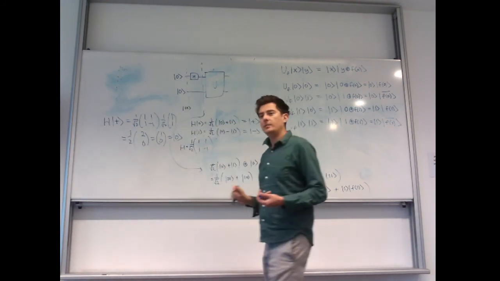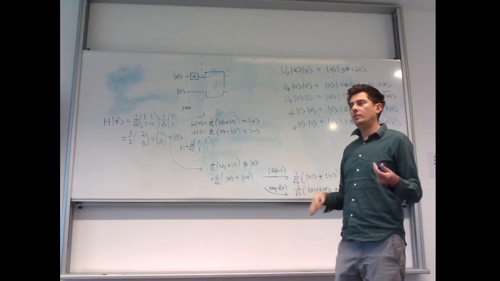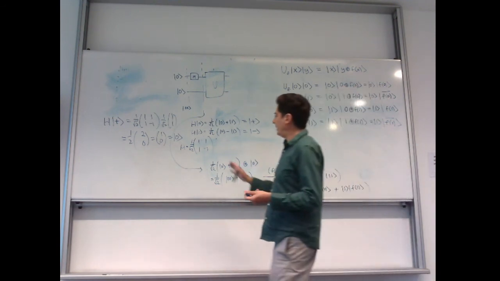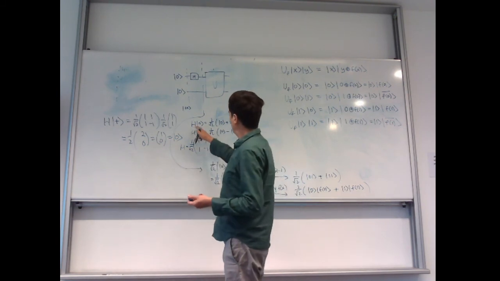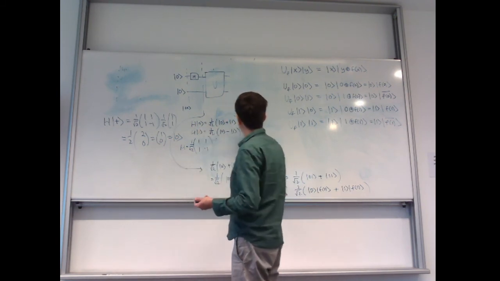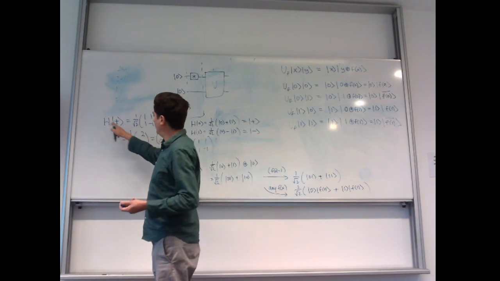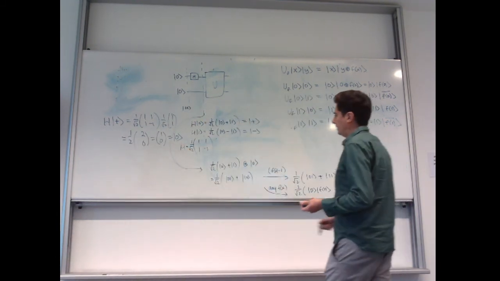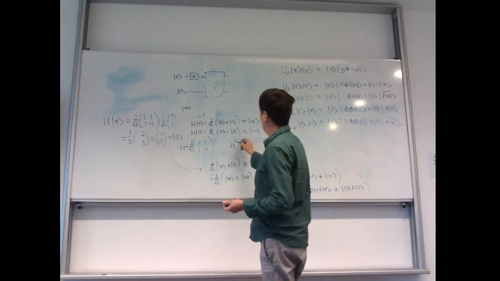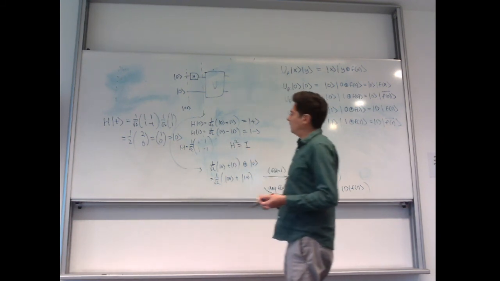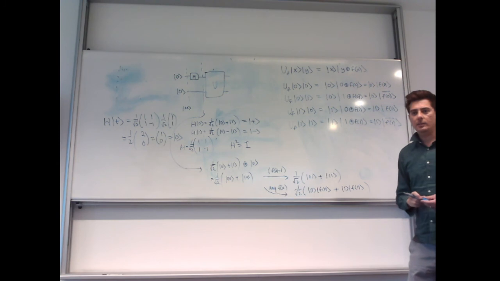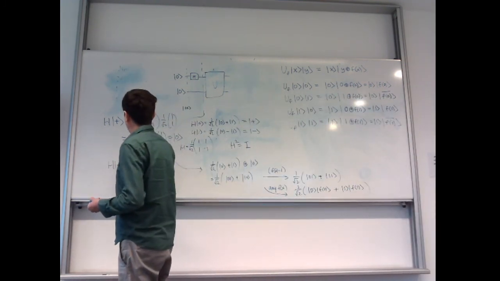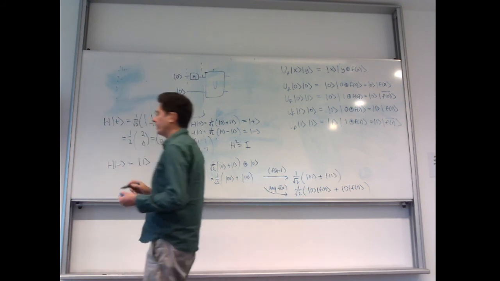So Hadamard is another example of a unitary that is its own inverse. If you apply Hadamard on 0, it becomes plus, and then you apply Hadamard again on plus, then it becomes 0. So it's its own inverse, and you can write it as H squared is the identity matrix. H of minus becomes 1.